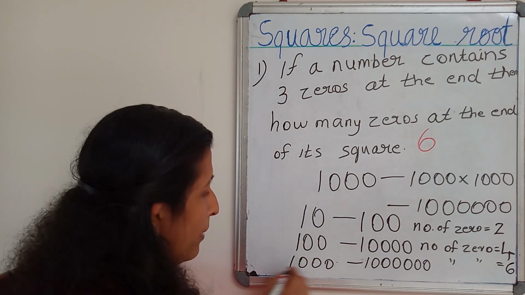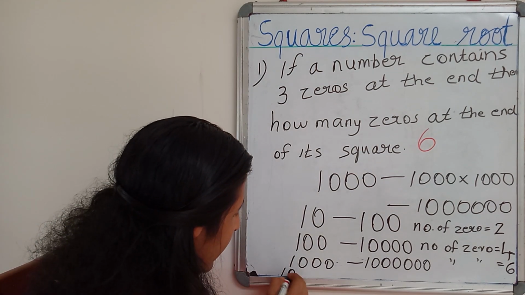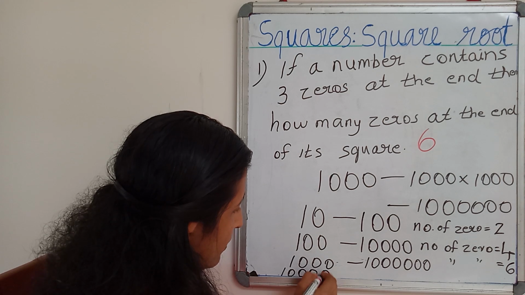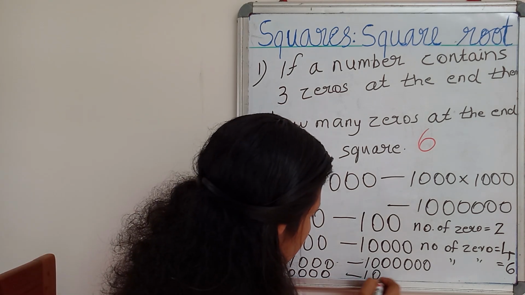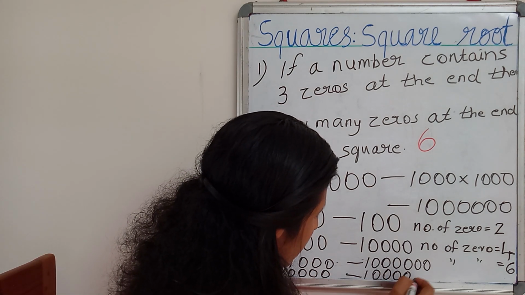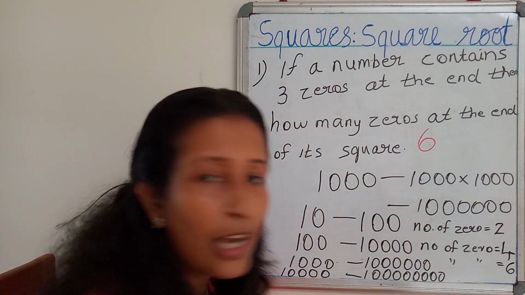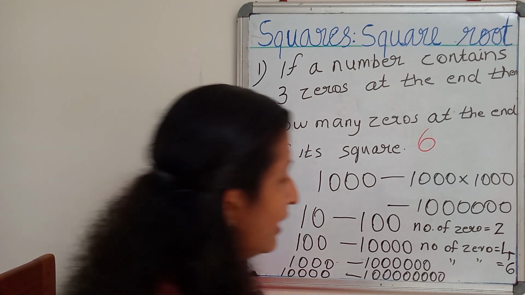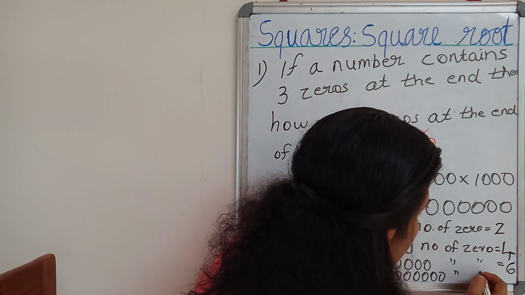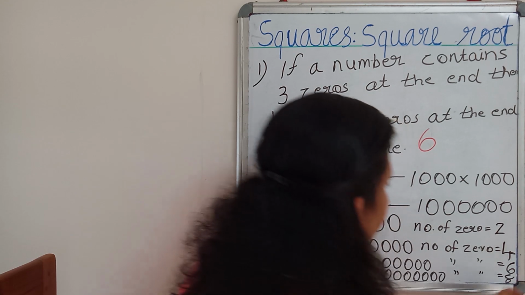6. If a number contains 4 zeros at the end, then how many zeros will be in its square? 8. Number of zeros equal to 8.